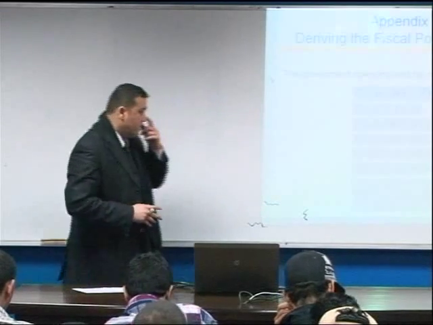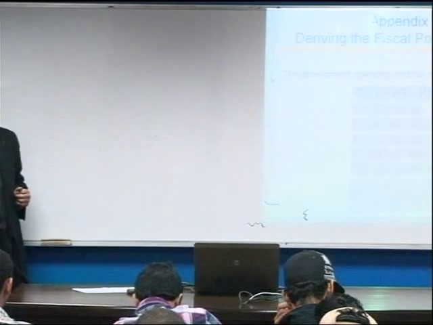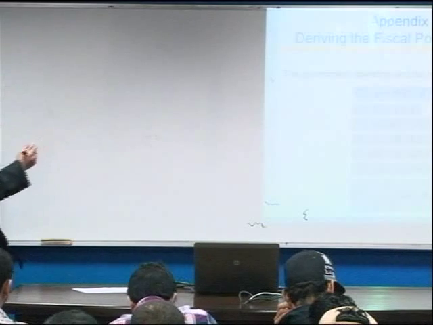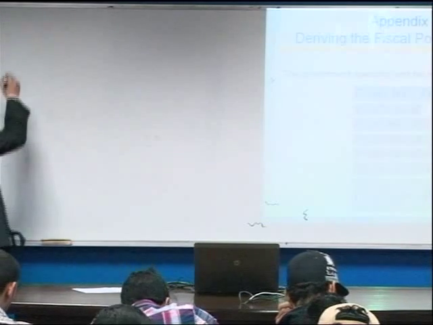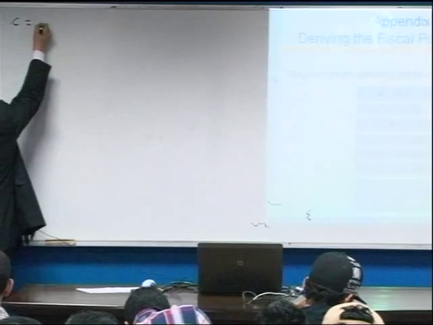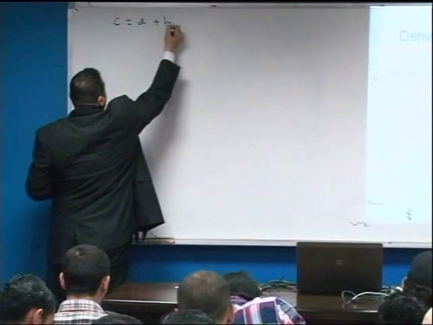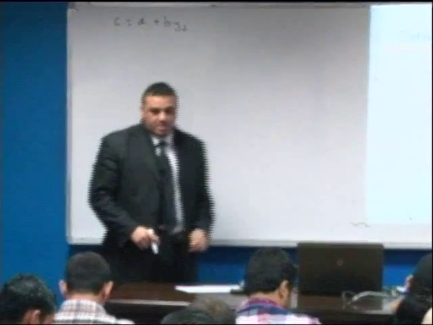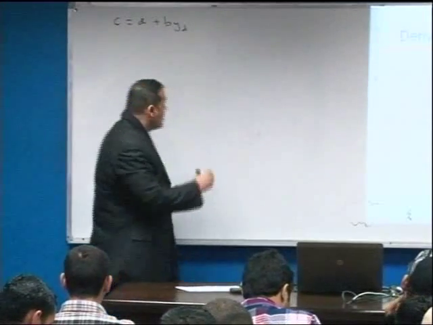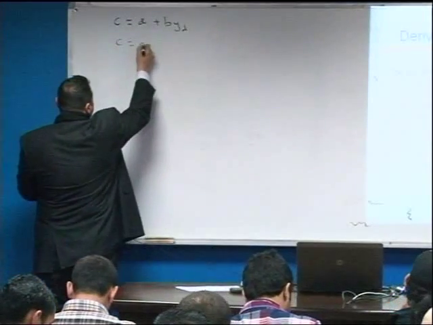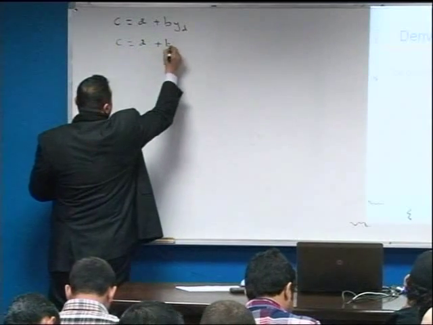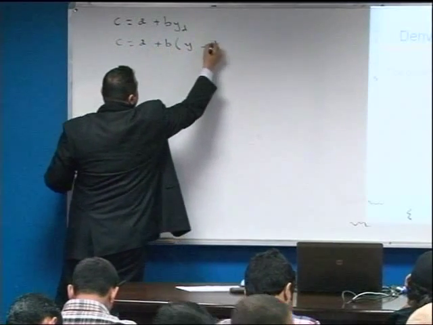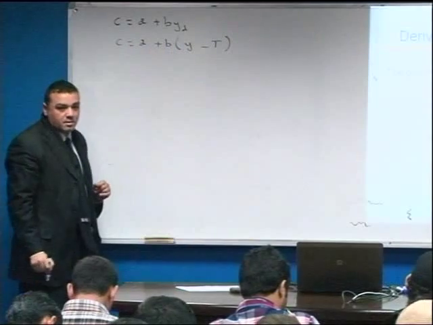As you know, if we have a government and we work under the closed economy, C equals A plus beta YD. YD is the disposable income, right? So C equals A plus beta times Y minus T, right?